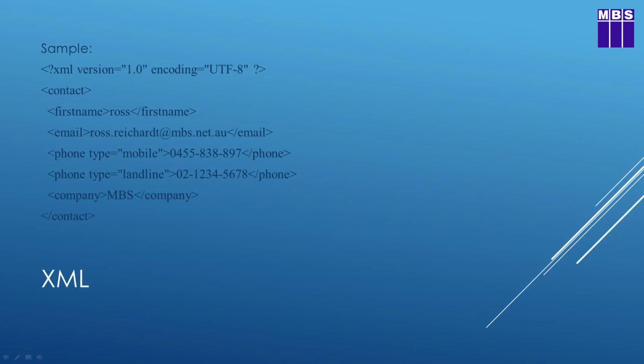So in that sense, while XML is very, very flexible and you can send complex amounts of data or complex structures of data, it's not very efficient because the tags do take up quite a lot of the actual data being transmitted.